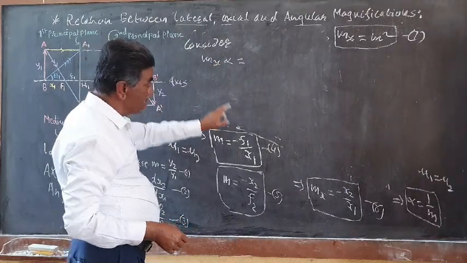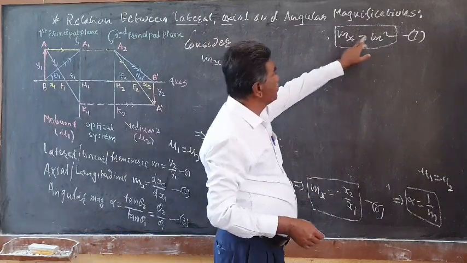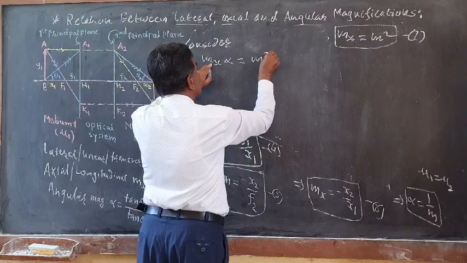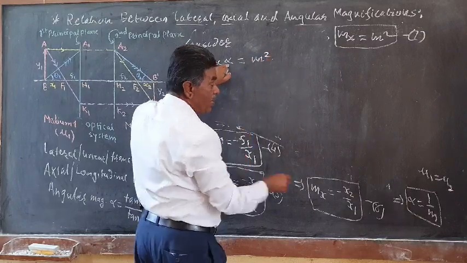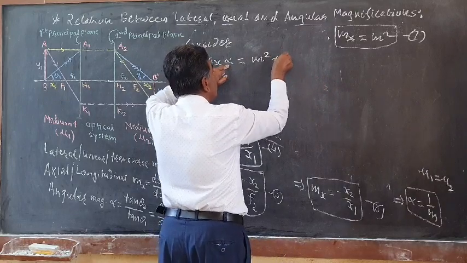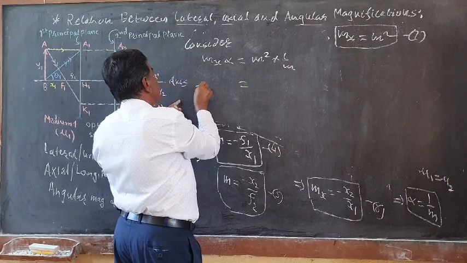We have found that the axial magnification mx is equal to m square. So mx is m square, and alpha is 1 upon m, so we have m square into 1 upon m.